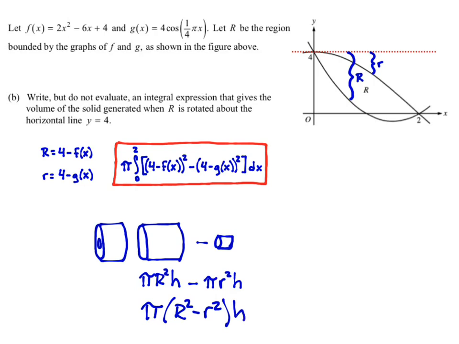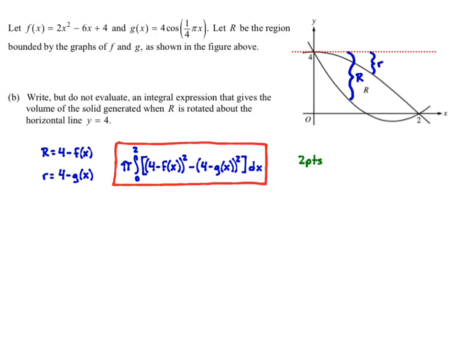And we can see that in the washer method. Here's your pi, it's a constant, so we just took it out of the integral. Here's your big R squared minus your little r squared, and then your h is dx. That's the thickness of each individual cylinder as you slice these up into an infinite set of cylinders. Anyways, that's the answer.